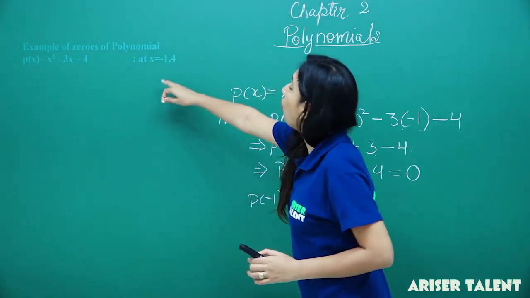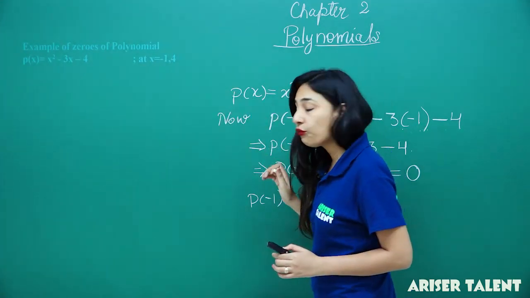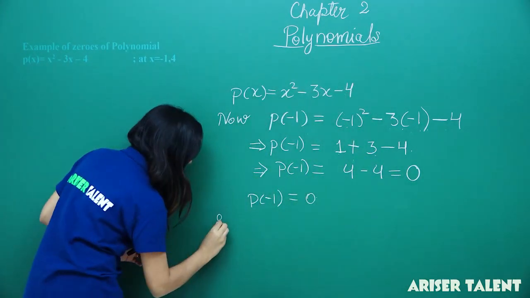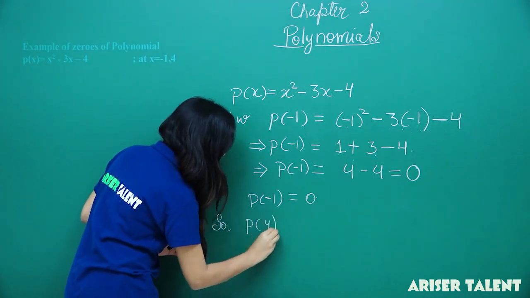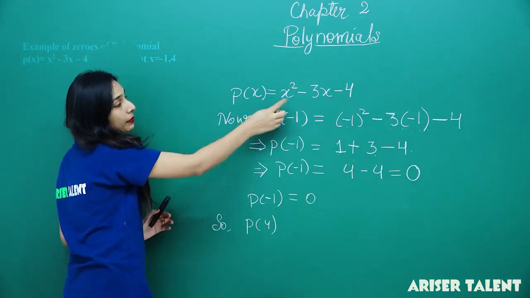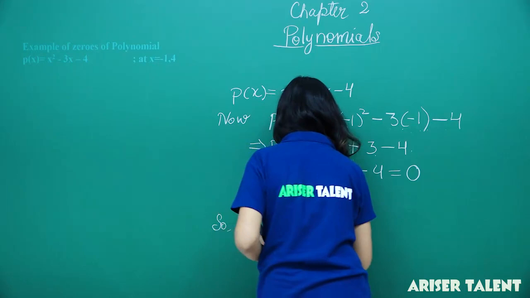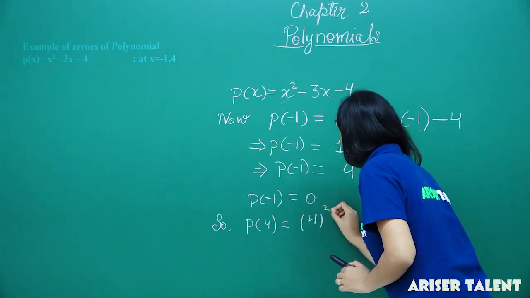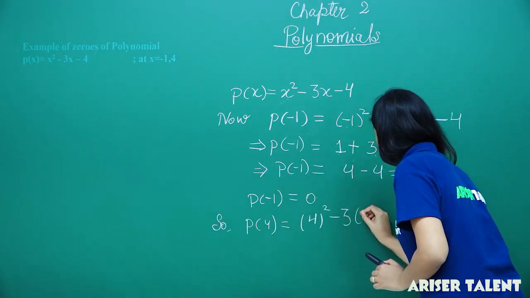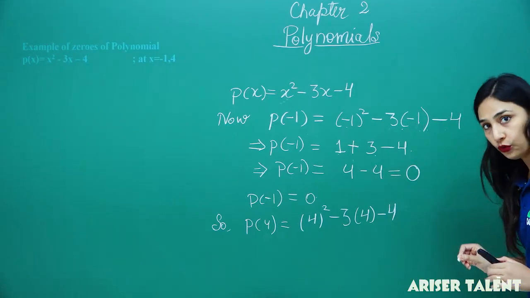Now, let's see what is the value of polynomial of x at x equals 4. So, now for polynomial of 4 we will replace this x by 4, right? So, it will become 4 square minus 3 multiplied by 4 minus 4.